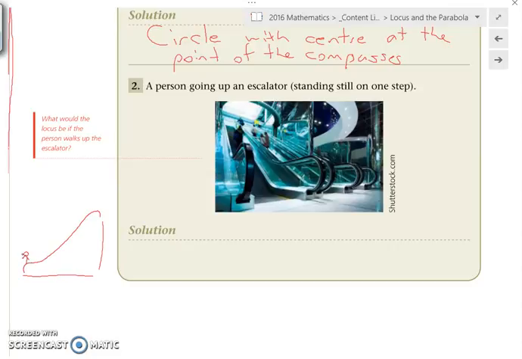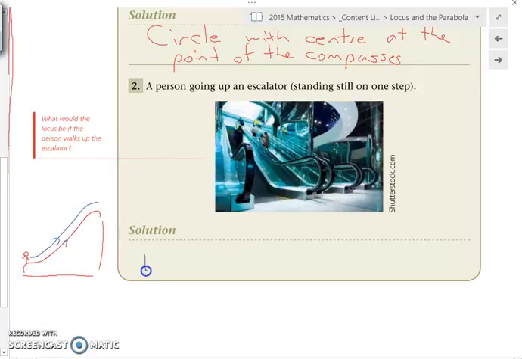Wouldn't the line look kind of like that? Because they're standing there and you go up. Wouldn't you say that those two lines are parallel to each other?